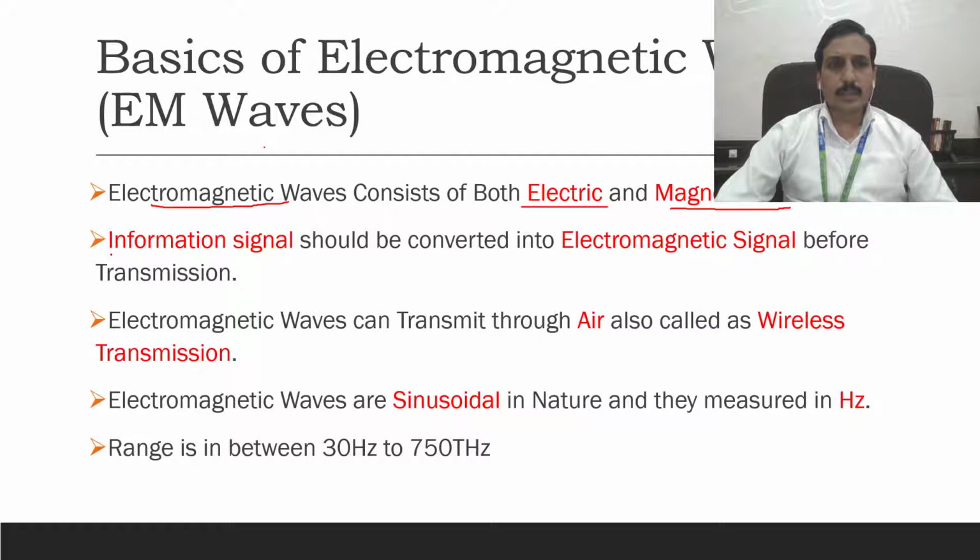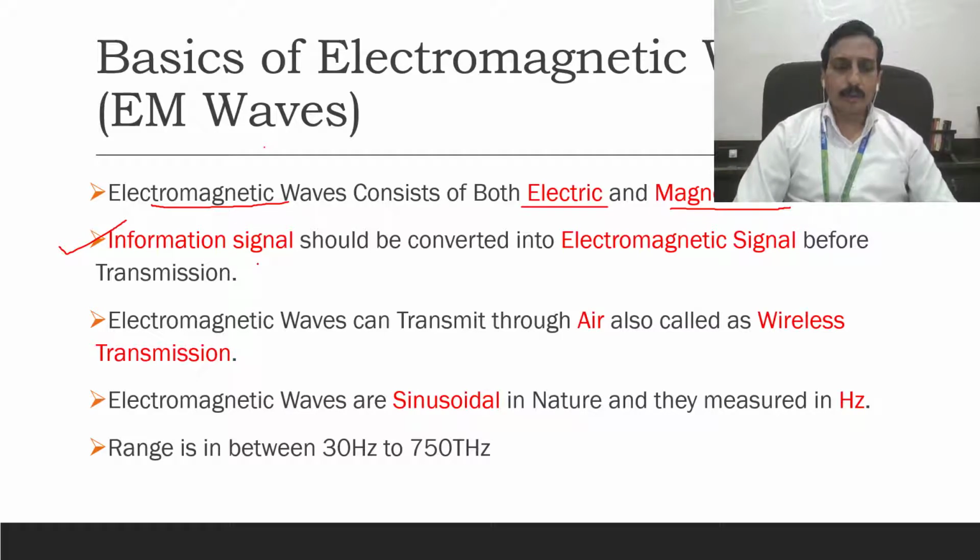As far as the second statement is concerned, information signal means the signal which we would like to transmit to longer distances. It is also called a modulating signal, and it is also called a baseband signal.